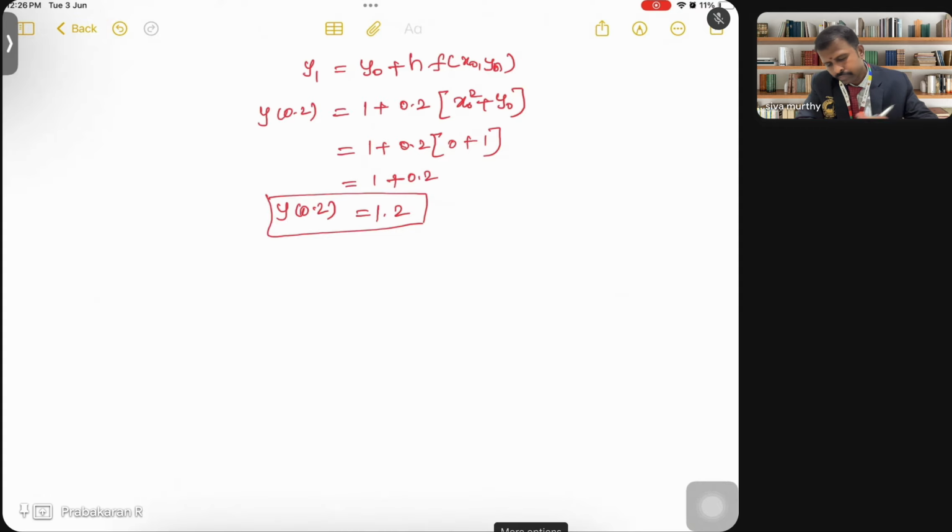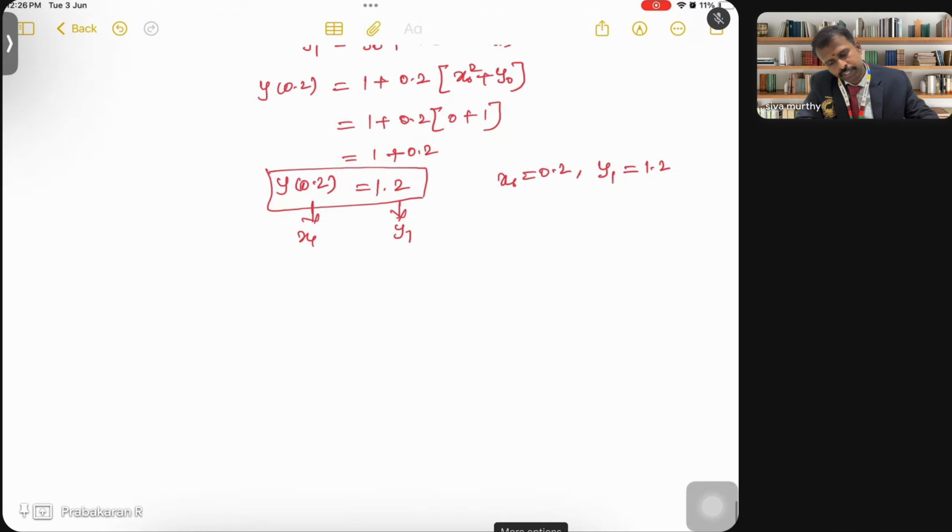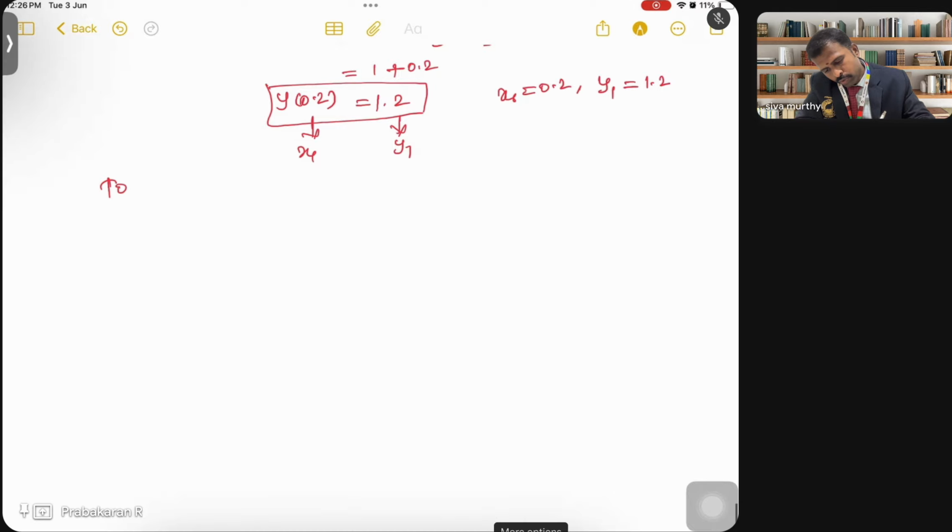Then here we get the value of x1 and y1. Okay, so x1 value is 0.2 and y1 value is 1.2. Then to find the next subdivision, to find y of 0.4, here we will use Euler's method, put n equal to 1, right?